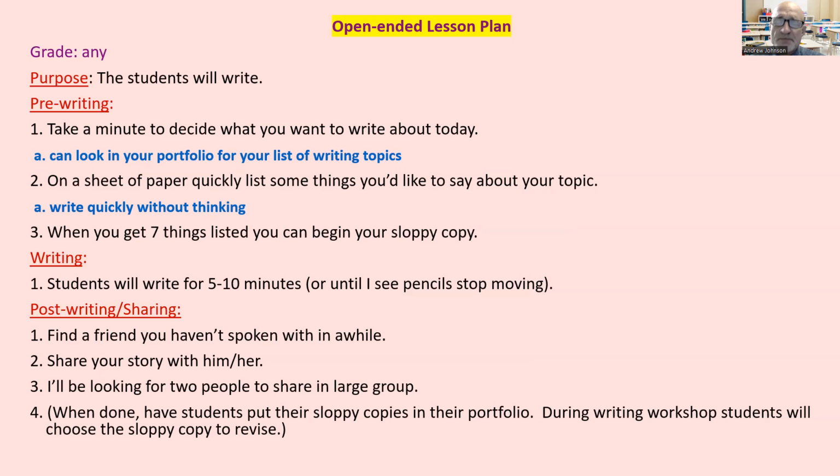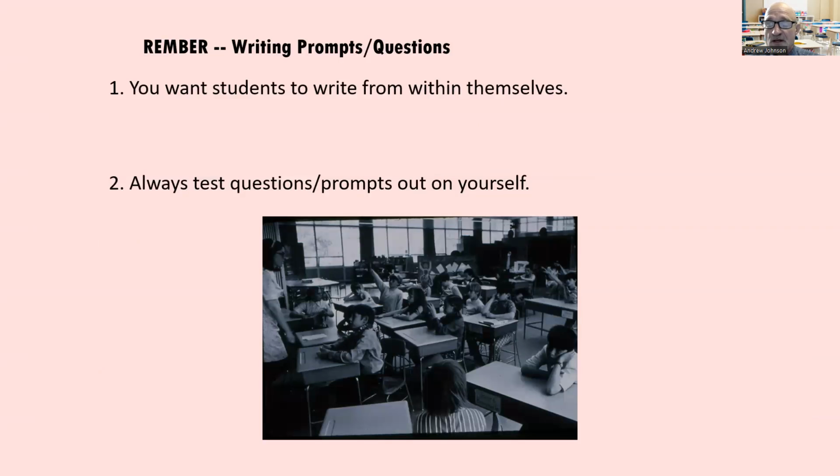When you get 7, you begin your sloppy copy. And again, write for 5 to 10 minutes. Older students, maybe a little bit more. Sharing of some sort. Find a friend you haven't spoken with. Share your story. I'll be looking for 2 people to share in large group. And again, they put their drafts or sloppy copies in their file folder.